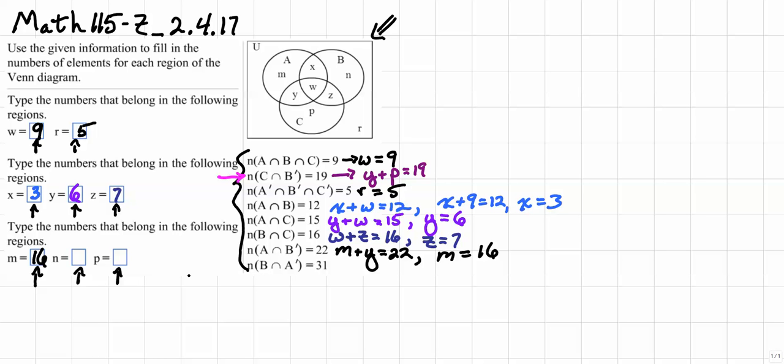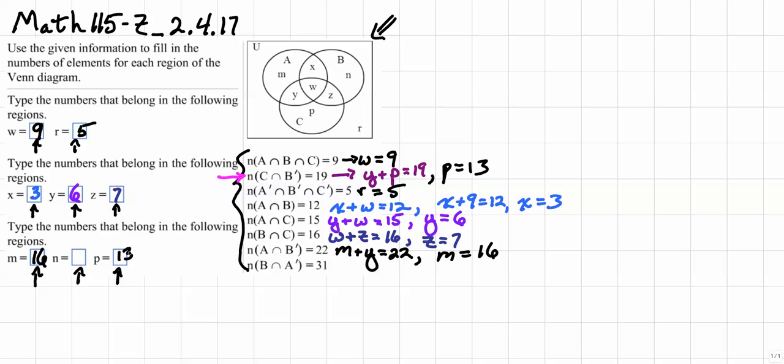Then we're still looking for N and P. And if we go back up to this one, we know that Y is equal to 6. So 19 minus 6 will be 13, so therefore P is equal to 13, and I can write that here.